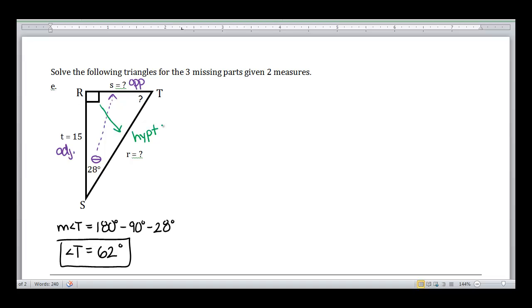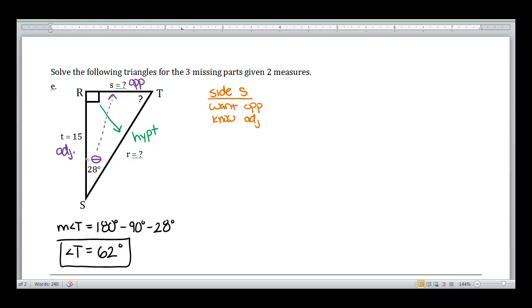When you're trying to find a certain side, you want to ask yourself, what do you want and what side do you know? So if we start with side S, side S is the opposite side, so that's what I want. The only side length that I know is the adjacent side length, side T of 15.